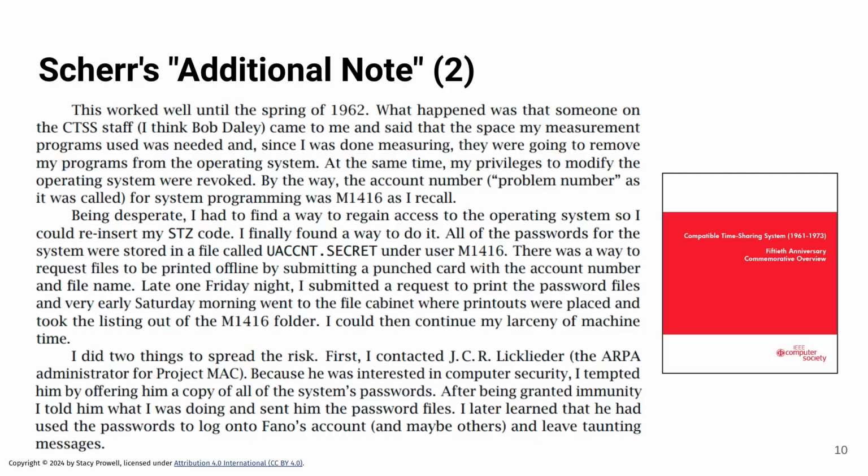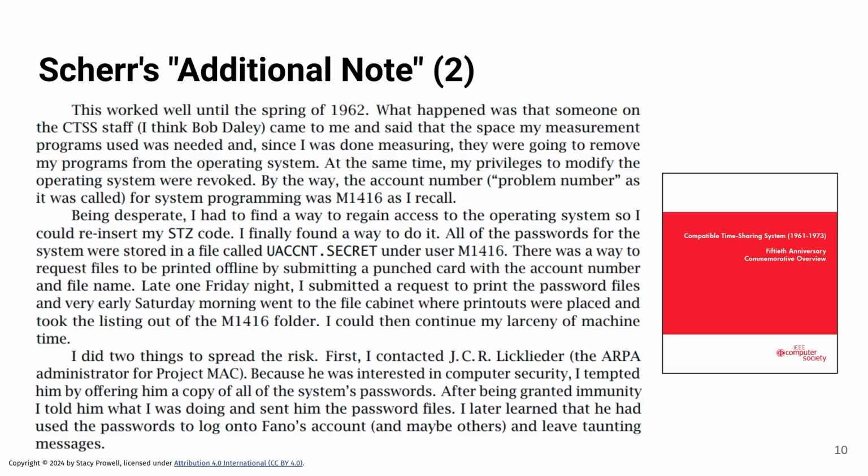Now, he is the ARPA administrator for the project. All right, he's the guy who's funding it. Because I was interested in computer security, I tempted him by offering a copy of the system's passwords. So he's like, hey, I've got a copy of all the passwords to the system. Would you like to see them? And he's like, oh, yeah, I would like to see those.